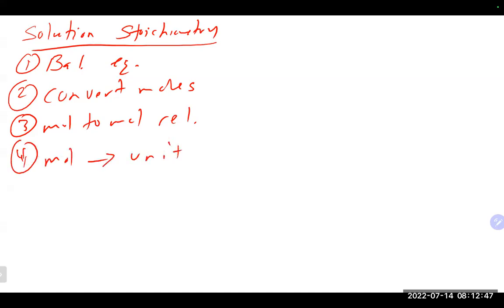So the main difference in solution stoichiometry a lot of times is how we get moles. A lot of the stoichiometry problems that we've done before, we use grams and the molar mass to get to moles, which you could still use in some solution stoichiometry problems. But a lot of the time, we use molarity and volume. So a lot of times we're going to be using moles is equal to liters times the molarity.